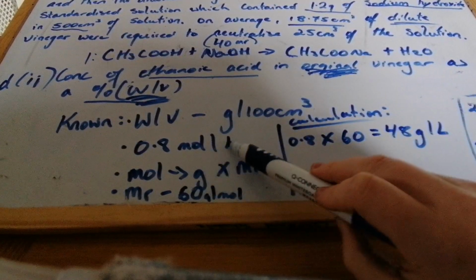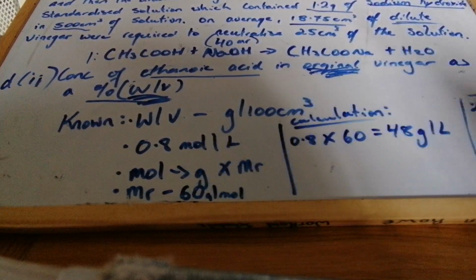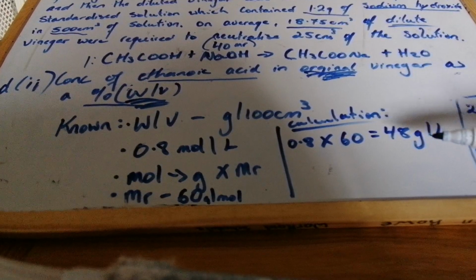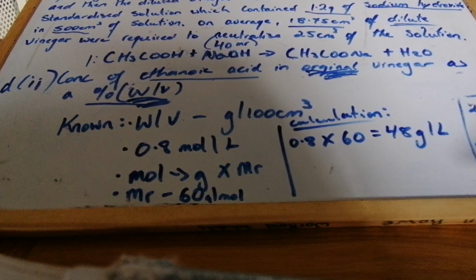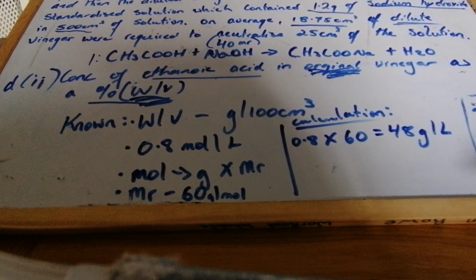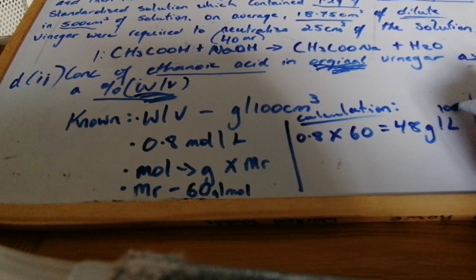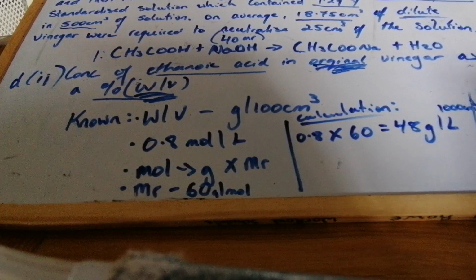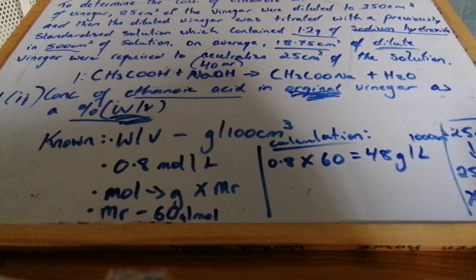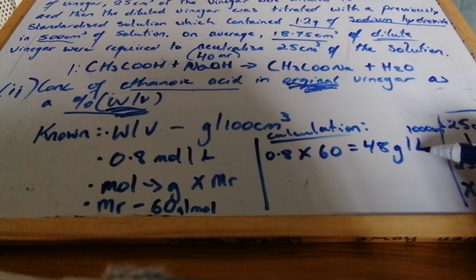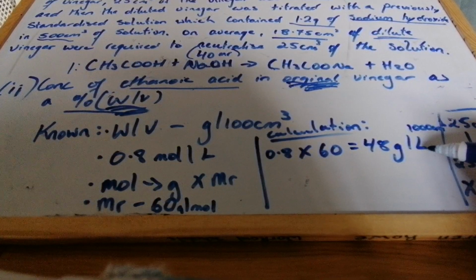Okay, so I now know that I have 48 grams per litre. Again, this was coming from my moles per litre, I've just changed that to grams. Fabulous. Now, is that what I want? No. I'm going to say that this is 1000 centimetres cubed, which is the same as saying 1 litre.